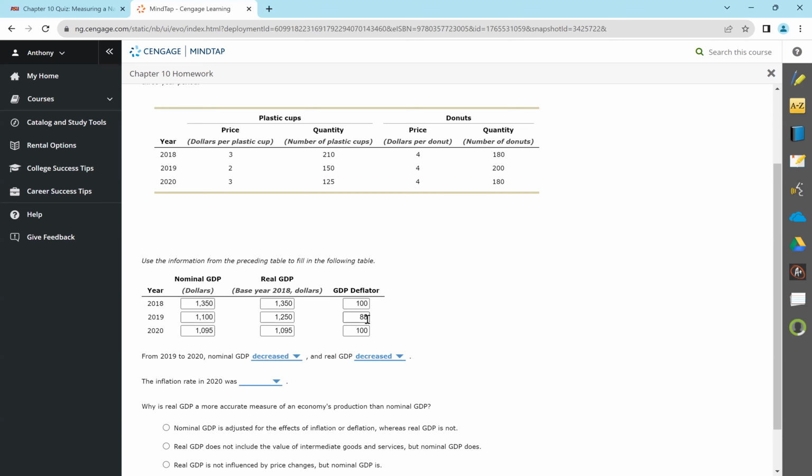Current deflator minus past deflator divided by past deflator. Okay, so it's looking like it's 100 minus 88 divided by 88, and that's 13.6%.